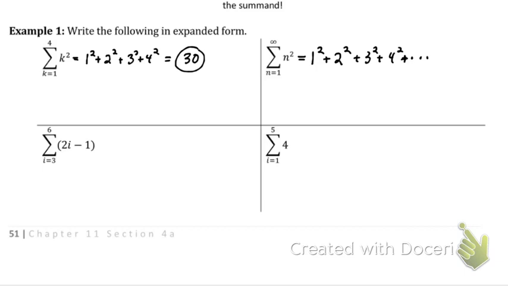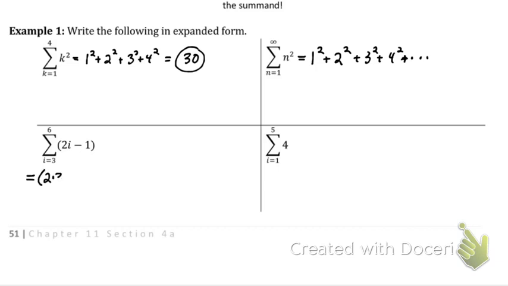All right, next one. Not all indexes have to start at 1. You just have to start where they tell you to start. This one starts at 3. I go from 3 to 6. So I'm going to input 3, 4, 5, and 6. I don't have a ton of room, so I'm going to go underneath.